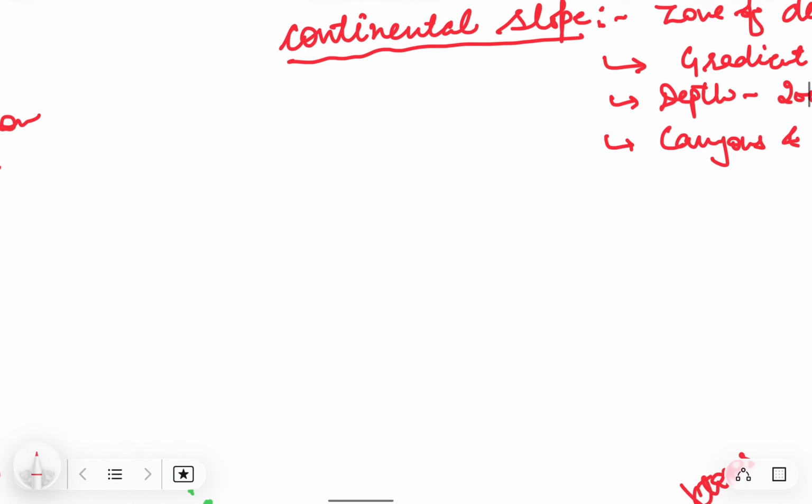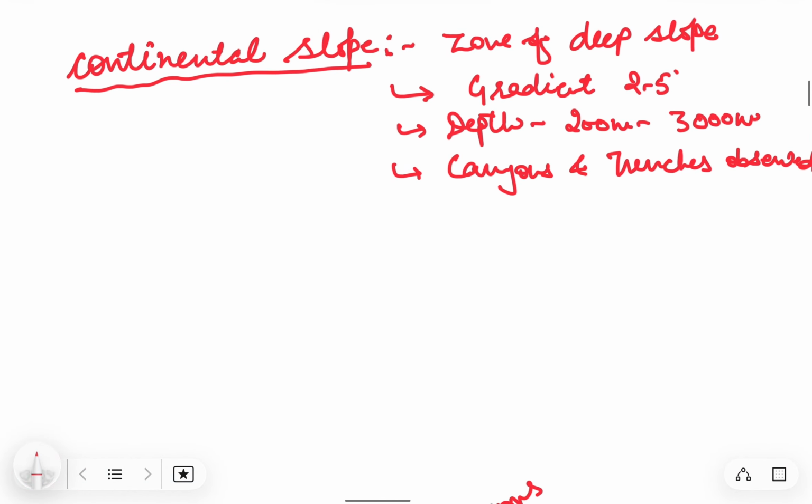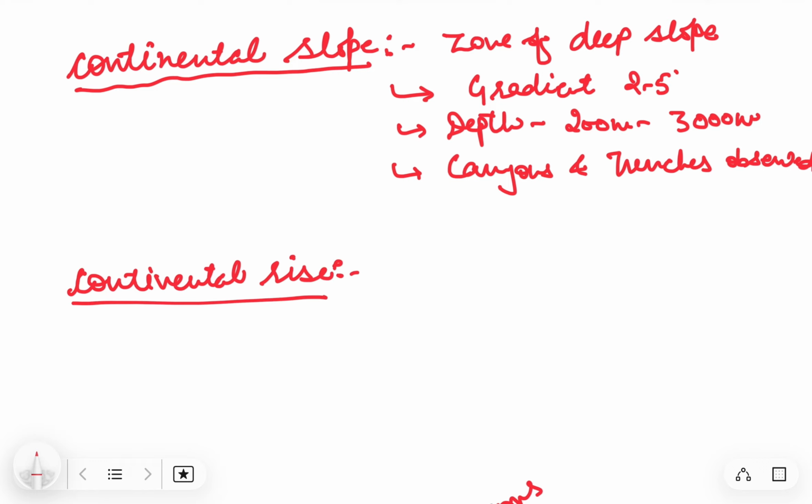The continental slope loses its steepness with depth, and when it reaches a level between 0.5 to 1 degree, the slope is referred to as the continental rise.